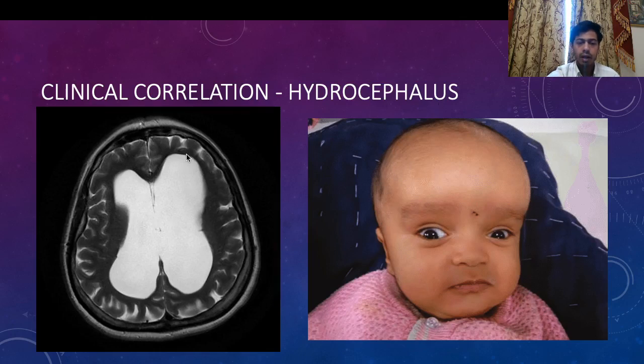So here you can't even make out the third ventricle or the lateral ventricle because there's just so much CSF here, and the CSF is obviously compressing the cortex and also other structures down below, maybe even the cerebellum.